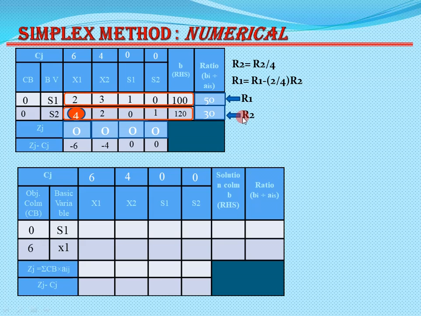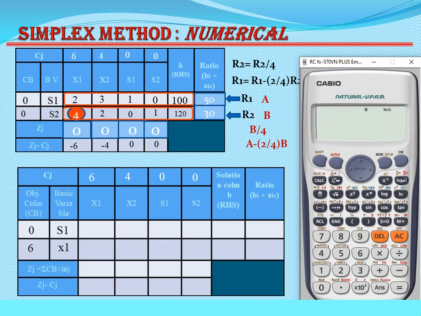And to use the calculator, row 1 is going to be defined as A and R2 is going to be defined as B. So in the calculator, these two transformations can be denoted as B/4, and for the first, A - 2/4 × B. So R1 will be replaced by A and R2 will be replaced by B. So let's open the calculator.